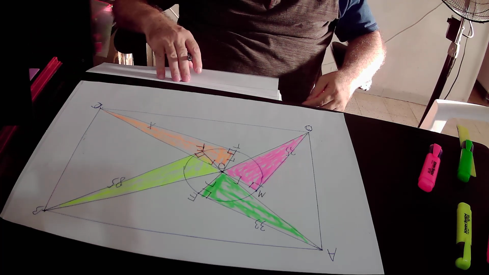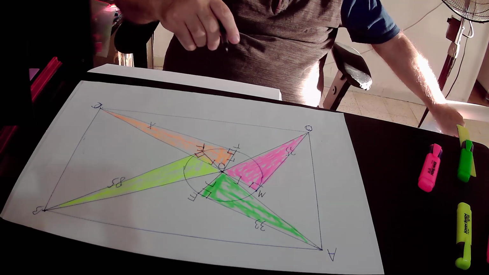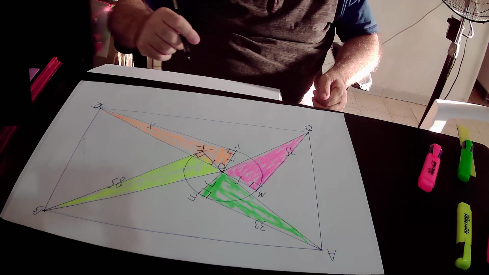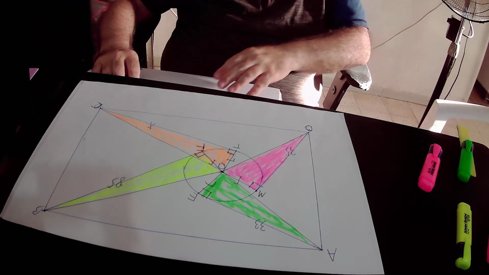In the next step, I will copy rectangle ABCD with its circle inside it, and we'll analyze the rectangle with its circle.